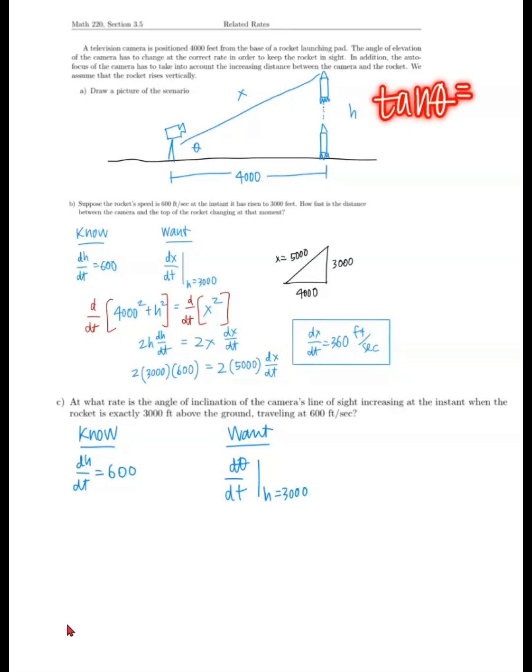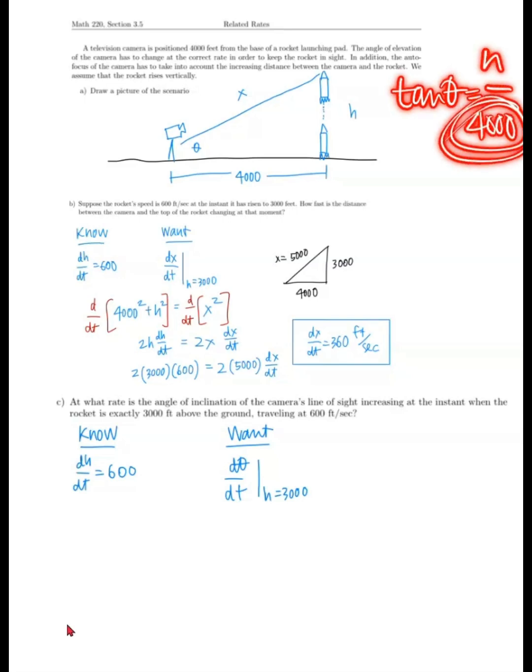The tangent of theta is opposite over adjacent. The reason I didn't use sine, I could have, is because sine of theta is h over x, and I guess we do know some things about x just from the previous problem, but tangent is really nice because one of the parts of it is a constant, and those are super nice to deal with.